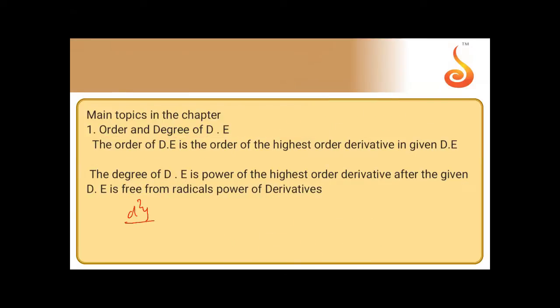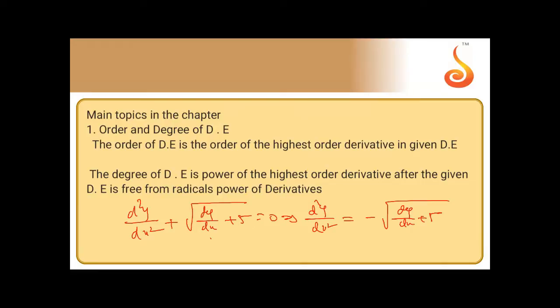For example, they give d square y by dx square plus square root of dy by dx plus 5 equal to 0. When you find order and degree, first, here the root is there. So d square y by dx square equal to minus root of dy by dx plus 5. Squaring on both sides, d square y by dx square whole square equals dy by dx plus 5, the root is cancelled. Now it's a polynomial equation in derivatives.